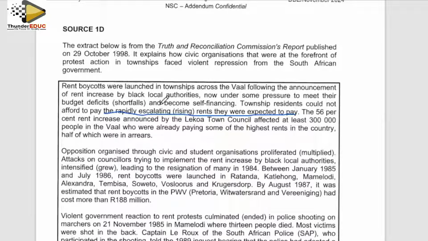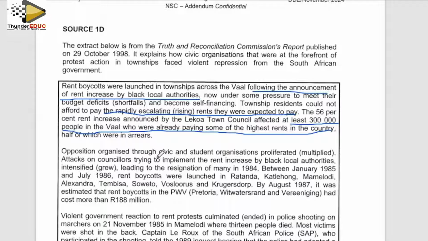And also, if we check here, following the announcement of rent increase by Black local authorities, after the announcement, the rent increased. The Black local authorities increased the rent. And also there's justification here where it says it affected at least 300,000 people in the Vaal who were already paying some of the highest rents in the country.